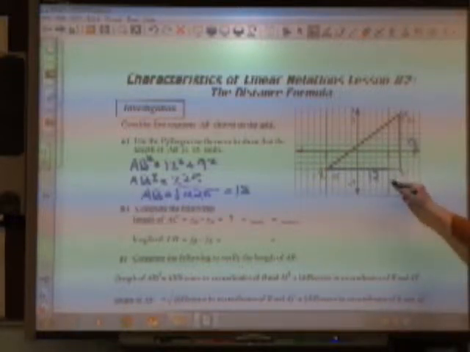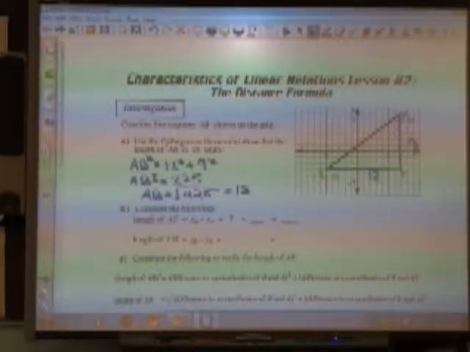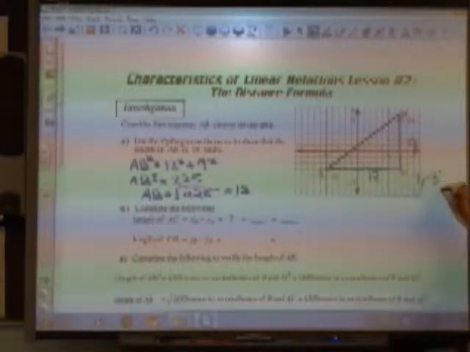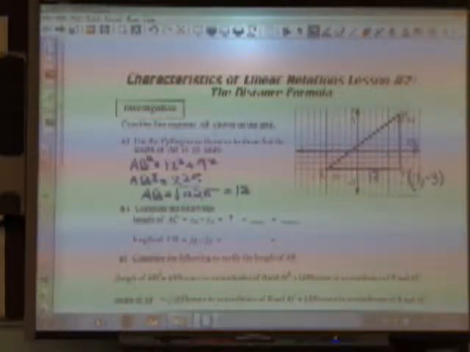Okay? What are the coordinates of point C? Look at the coordinate of B and look at the coordinate of A and tell me what you see in relation to the coordinates of C.